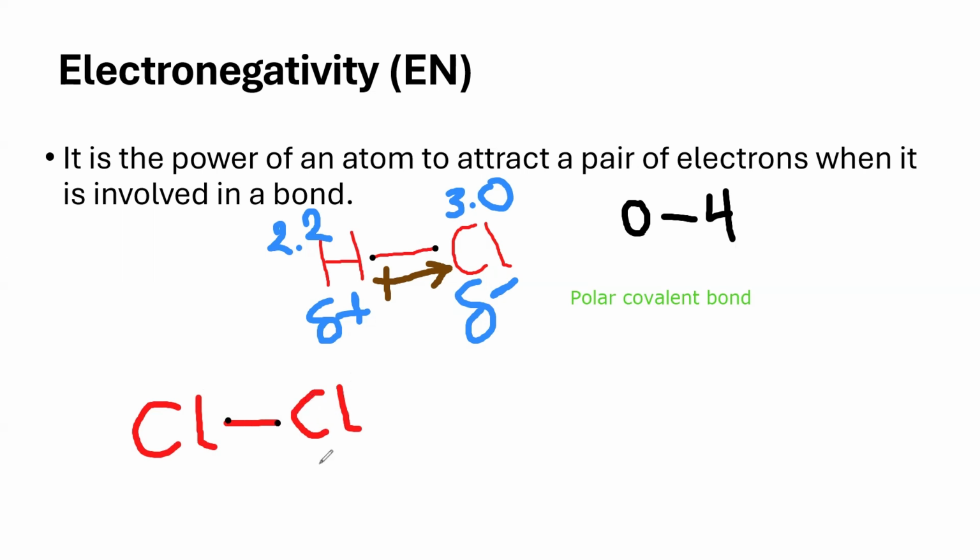The first Cl has an electronegativity value of 3, and the other one is also 3.2. So they have the same electronegativity, and no one is stronger than the other. Both atoms, because they are the same atoms, will share the pair of electrons equally. In that case, this is a non-polar covalent bond, or a pure covalent bond, or we can name it a true covalent bond.